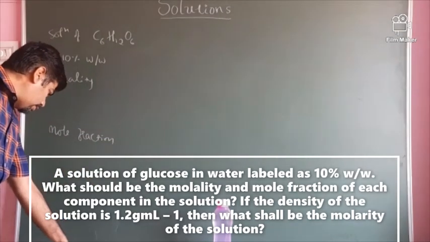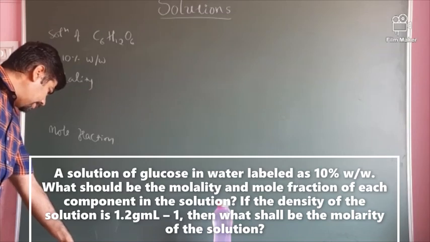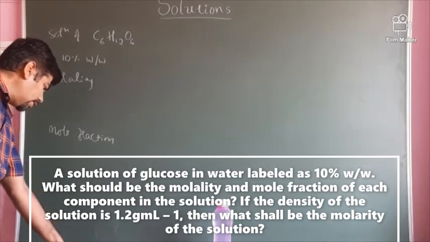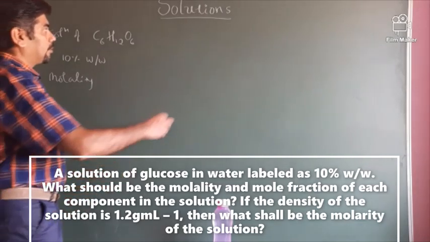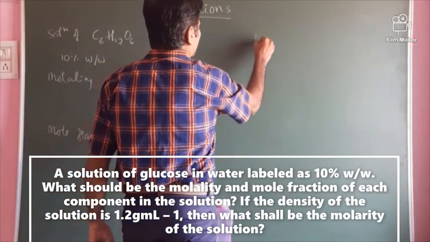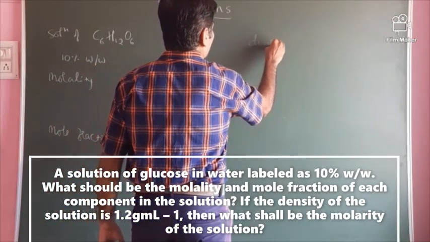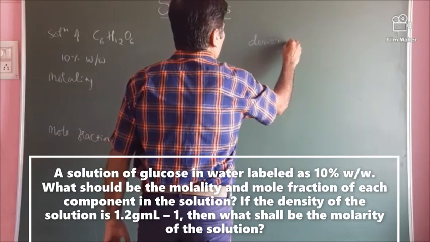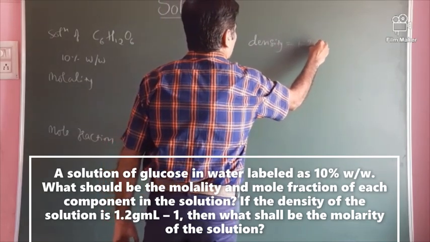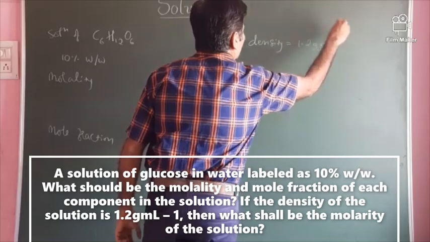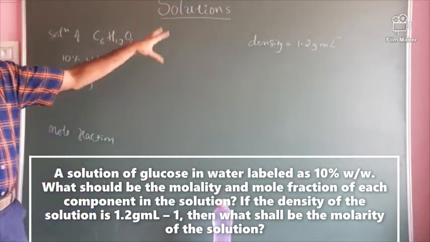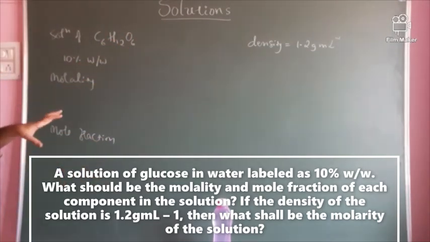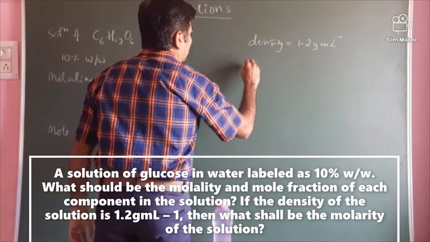Another component they have asked for is the molarity of the solution, given the density. Density is given as 1.2 grams per milliliter. They have mentioned density because we will need it to calculate molarity.